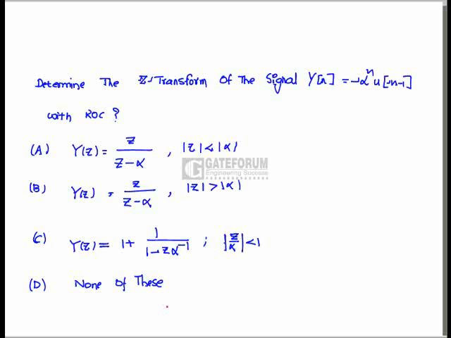The question is to find the Z transform of the given sequence y of n equals minus alpha power n u of minus n minus 1, along with its ROC.